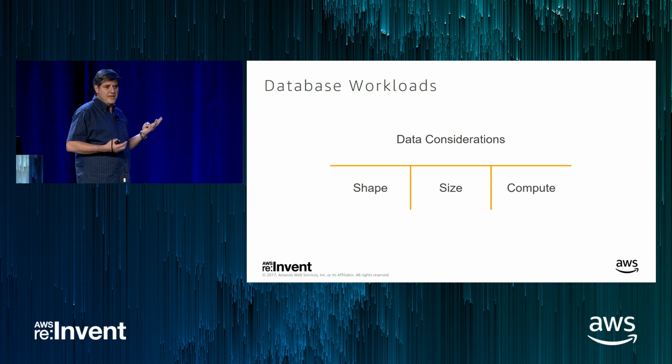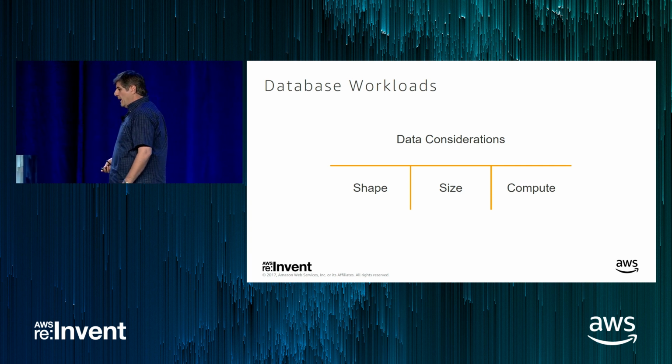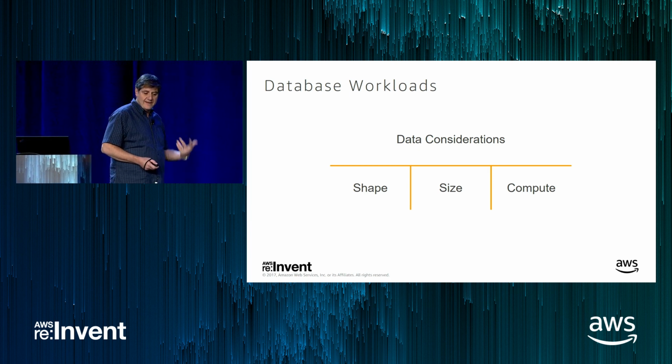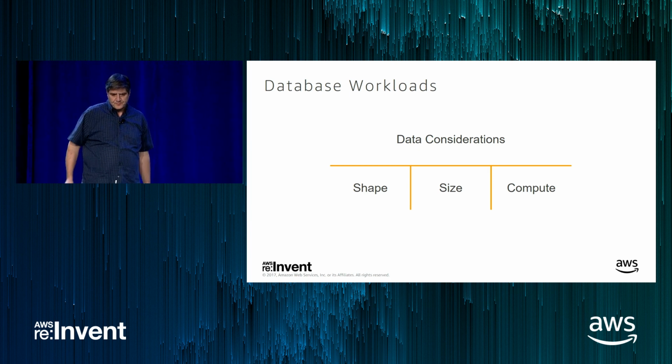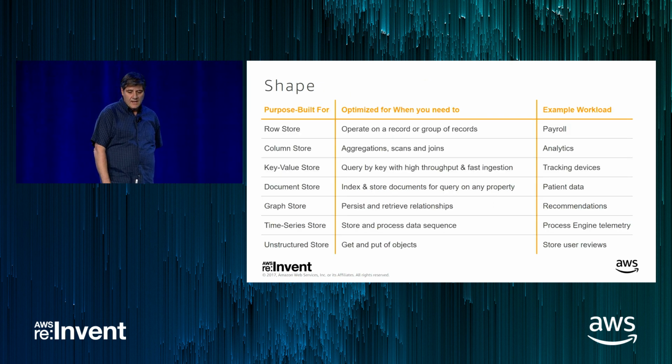These are really three important things that help you decide which database is the right database for your application. So we'll spend some time talking about these three things, and then we'll dive into more details. So, shape.